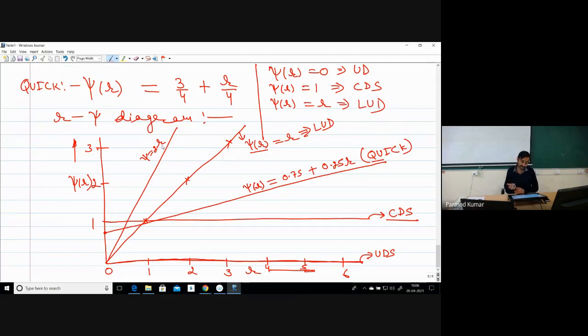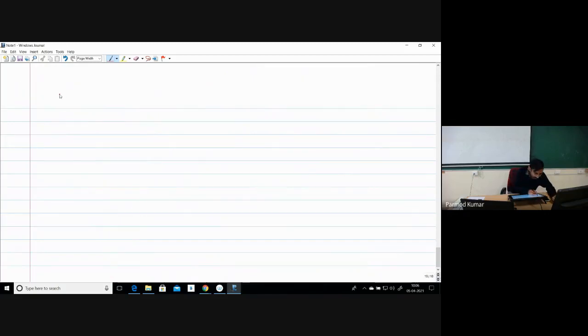But this R psi diagram is actually very, very important in deriving the total variation diminishing class of schemes. So what will be its implications, how it will be desirable in deriving these TVD schemes, that we will be seeing subsequently. Okay.